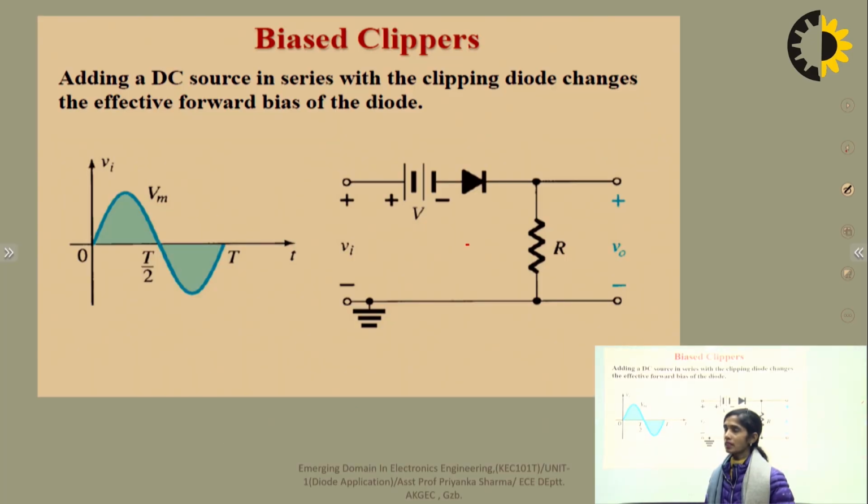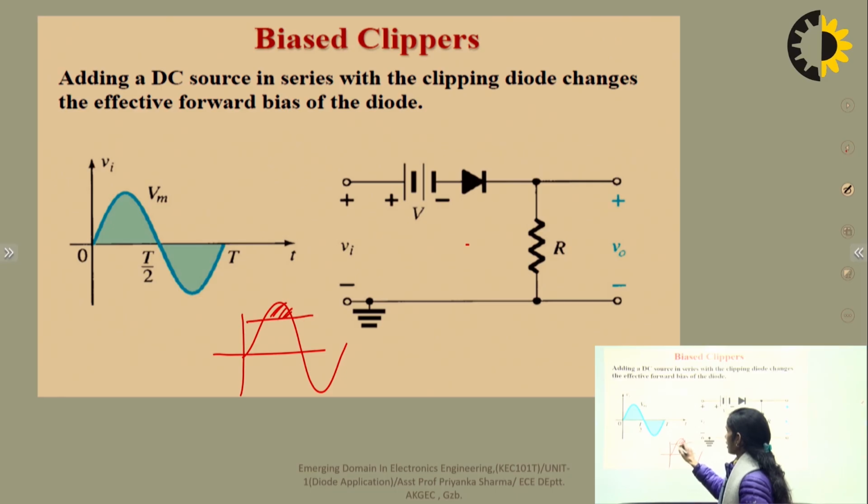Next, if we have to remove only some portion of the signal, a small part of the signal, then we have to go for the bias clipper. In a bias clipper, we add a DC battery supply so that the signal can be clipped at any position of the cycle.